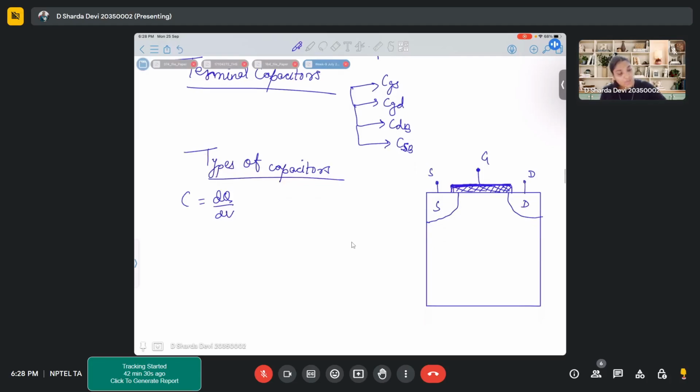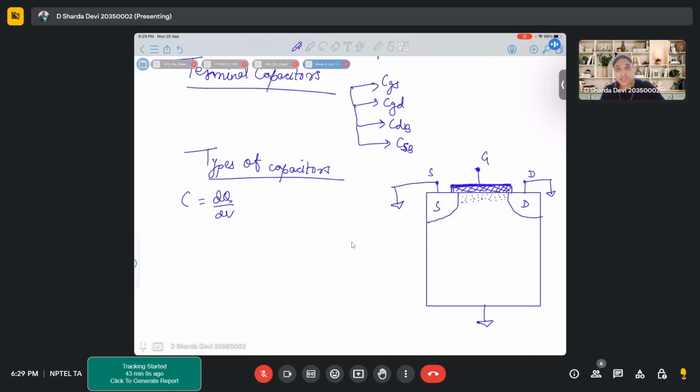So if you observe very carefully, let's say this is grounded, this is also grounded, this is also grounded. The only potential that we are applying is at the gate. What happens when we only apply the voltage at the gate? The charges at the surface change with the applied voltage, correct?